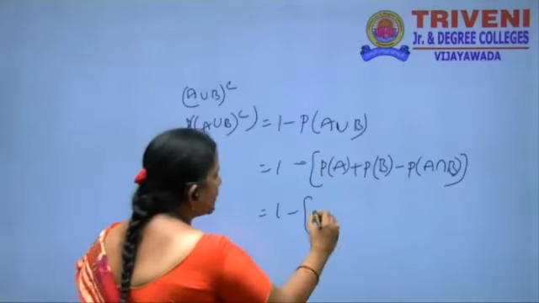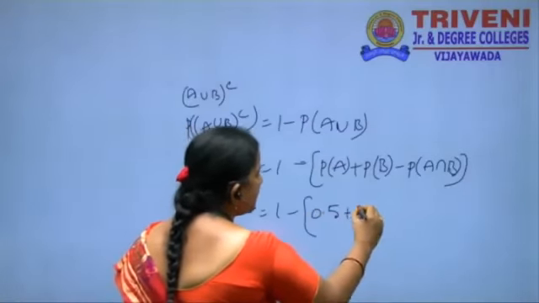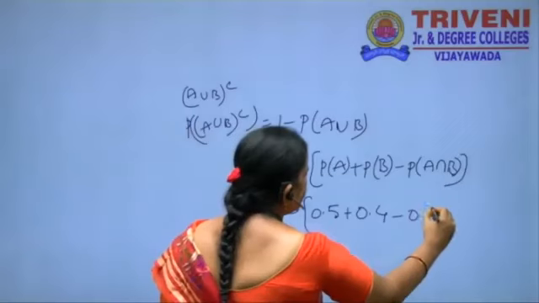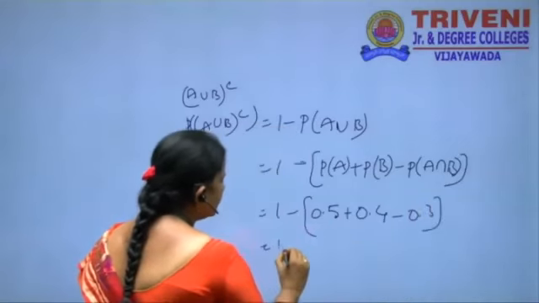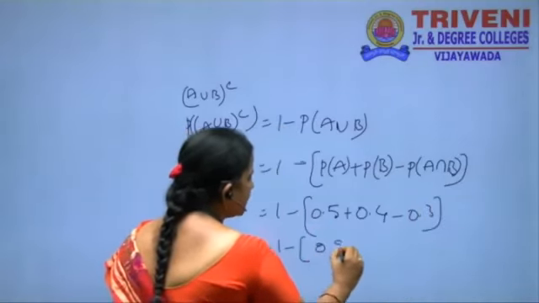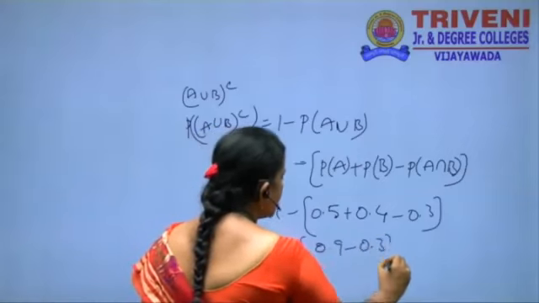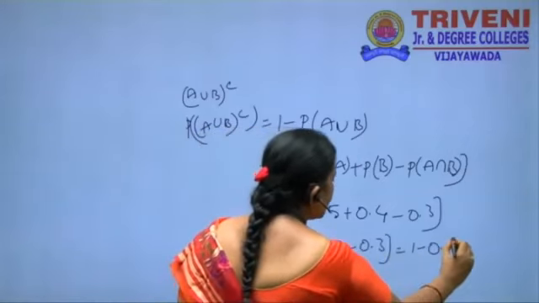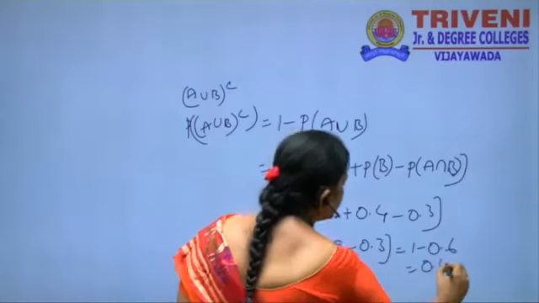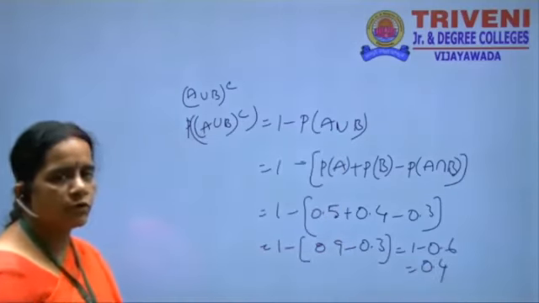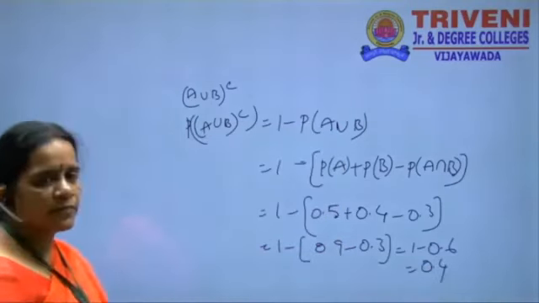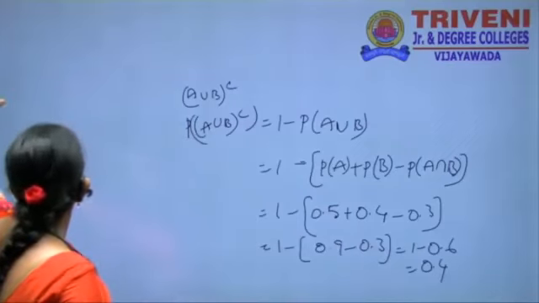Then 1 minus (0.5 plus 0.4 minus 0.3), that is equal to 1 minus 0.6, that is equal to 0.4.